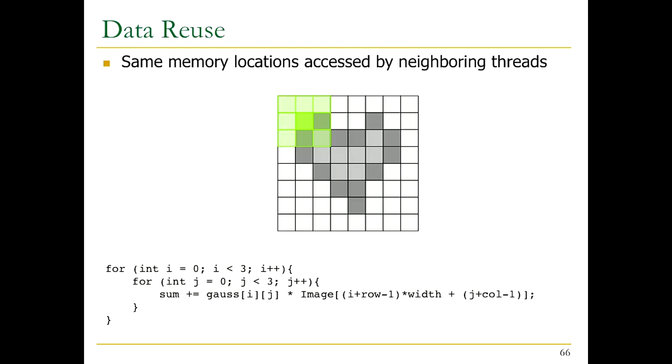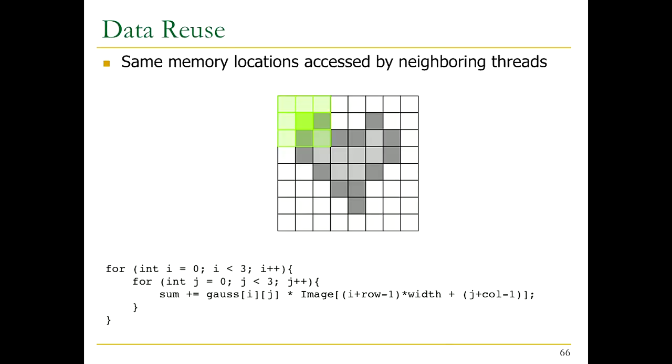This is essentially a convolution, right? So observe that in this case, if we assign each of the pixels to a different thread, threads that are neighbors are going to access many pixels that are also accessed by their neighbors, right? So for example, you have the green pixel there, but the one on the right shares with these green pixels how many of the surrounding pixels?